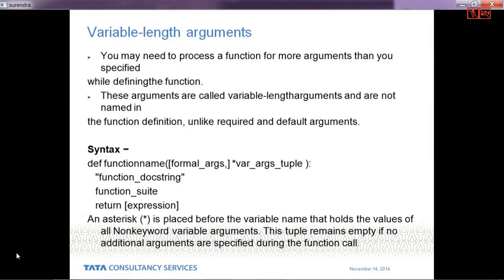Means whatever the required arguments are, it won't take the additional arguments; it will take the normal arguments only. Understanding, right? If it is there, it will take it. If it is not there, the tuple remains empty only. By seeing one example, definitely we'll get to know.